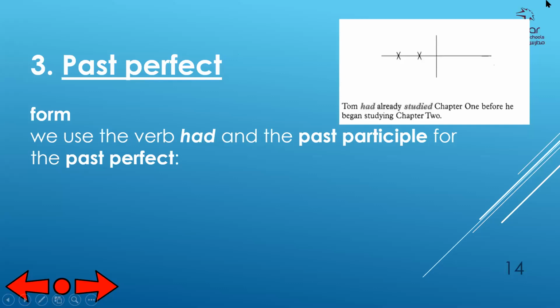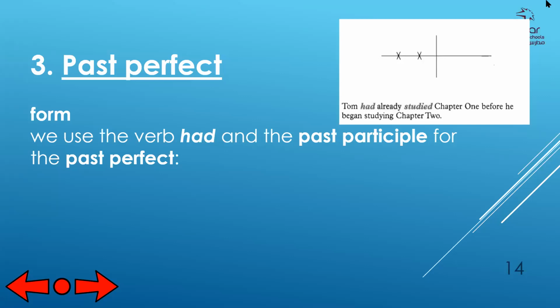So you have two actions, you did two things, maybe yesterday. One of them happened before the other. The oldest one is past perfect. So we use the past perfect with the oldest action or the earliest action, the action that we did before another one in the past.